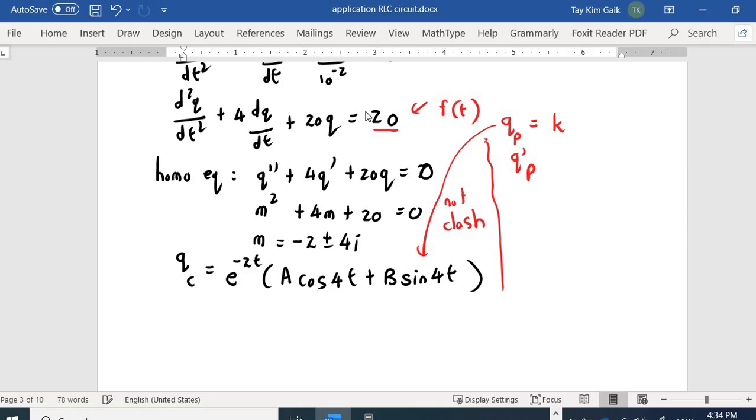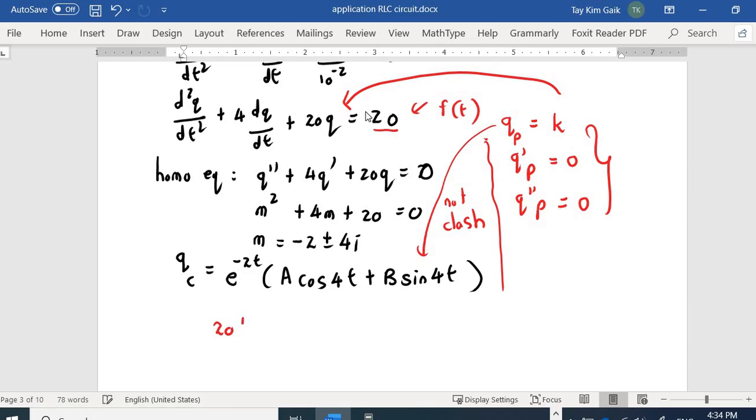Hence we differentiate, because here you have first derivative and second derivative in q, which we are going to substitute by K. So dq/dt, differentiating the constant K, we get 0. Differentiating the second derivative also gives 0. So you plug in all these into the second order non-homogeneous equation we have here.